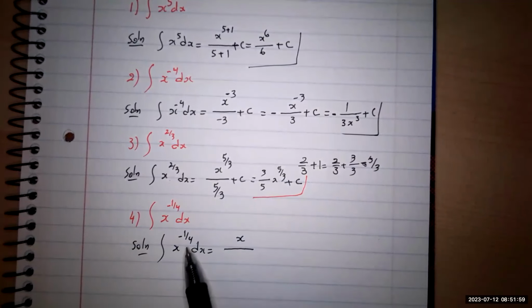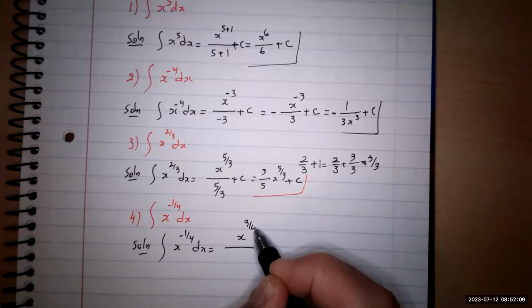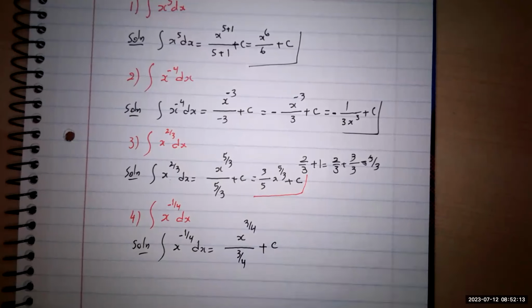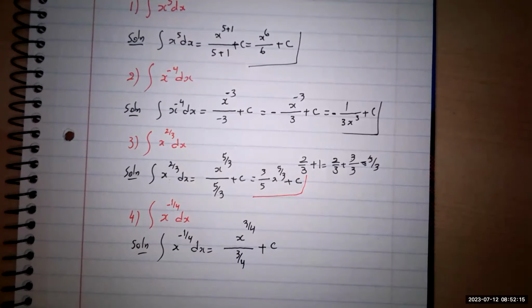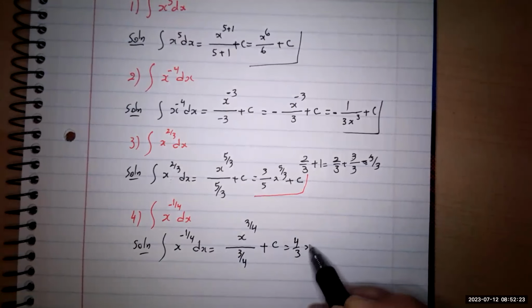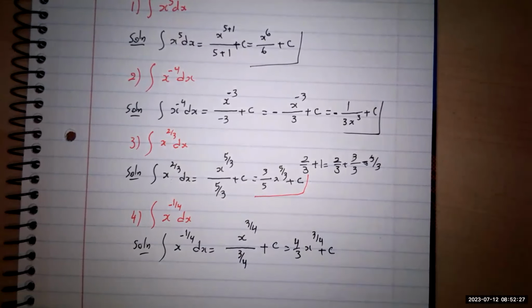Again, this is the way you think about it: negative 1 plus 4, put the negative on the top. Negative 1 plus 4 would be 3. So that gives 3/4 over 3/4 plus the constant C, because you have to give us the general solution when you add the C. Okay, so use the reciprocal of the 3/4, which is 4/3. 4/3 x to the 3/4 plus the constant C, and you're done.